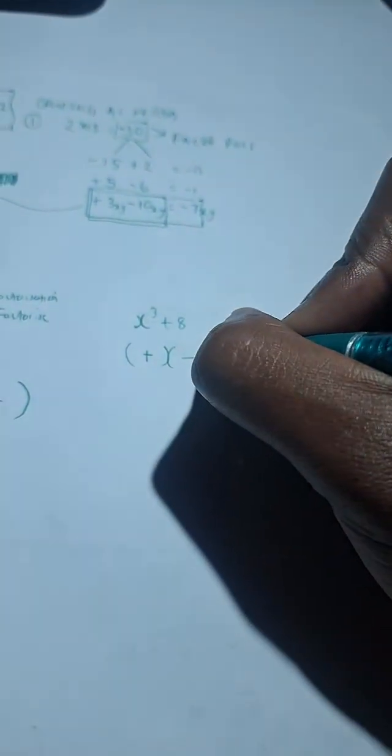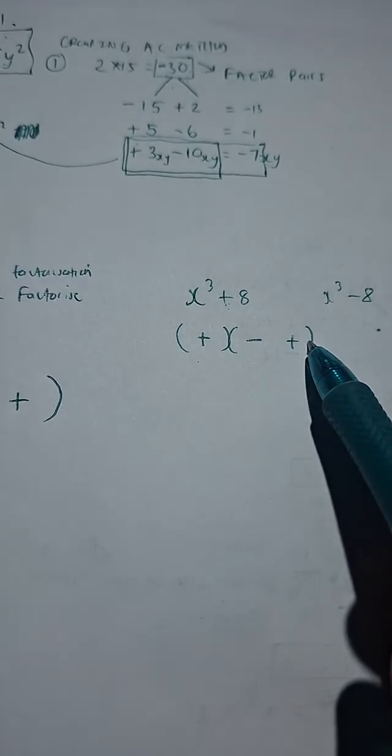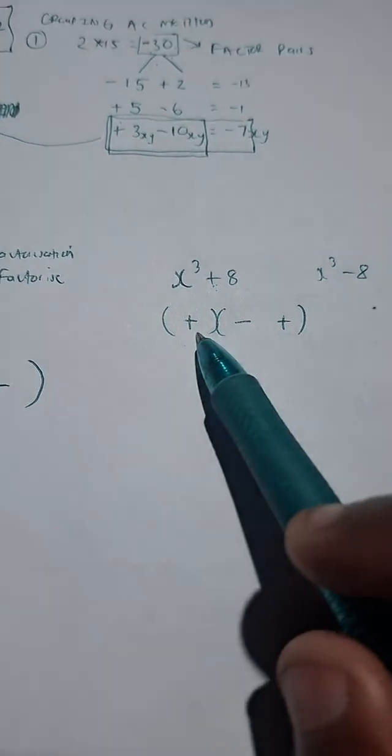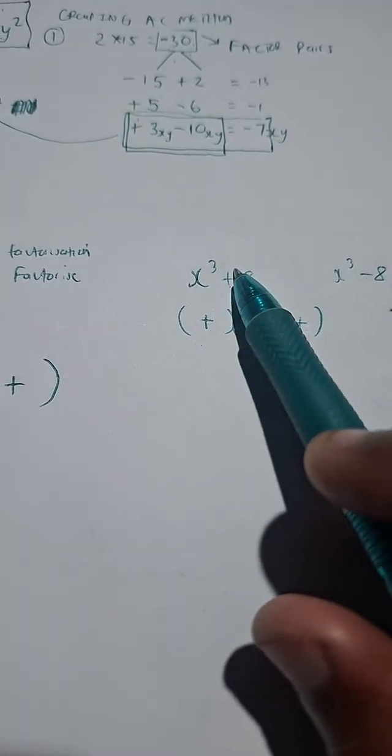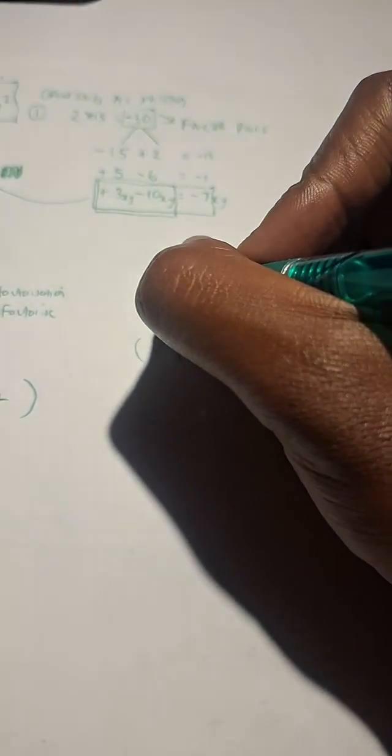So if it's sum of two cubes, it means you are going to have a plus for your first bracket because your expression itself has plus. Then you are going to say minus plus. This is the sign of your middle term. This will be the sign of your last term. This is kind of like the sign combination when you have a sum of what? Of two cubes, guys.